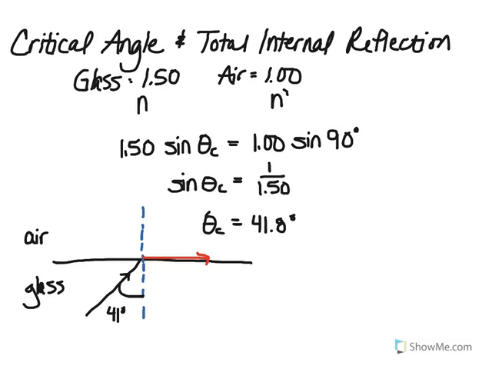And if we had any incident ray with an angle of greater than 41.8 degrees, it would be completely reflected back into the glass. None of it would be transmitted or refracted into the air.